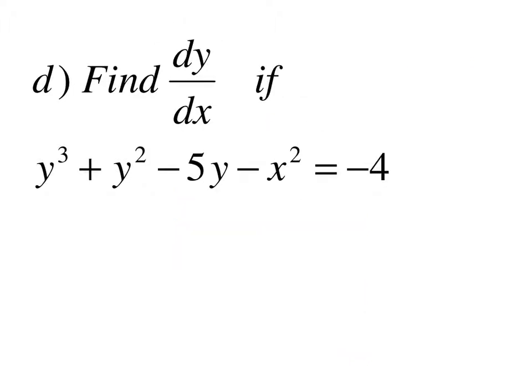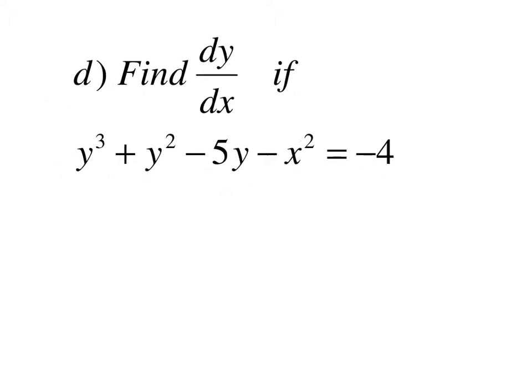Alright, now, let's take a whole function. We've been working with just expressions, but let's take a whole equation here and look at our process. If I want to find dy dx for this relation, the first thing that we're going to do is take the derivative on both sides.